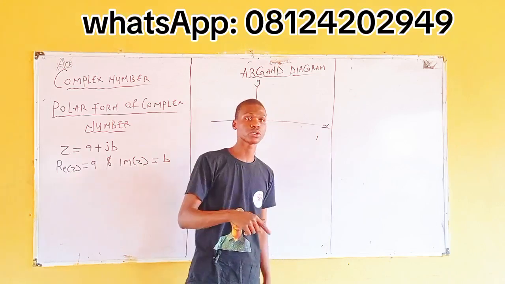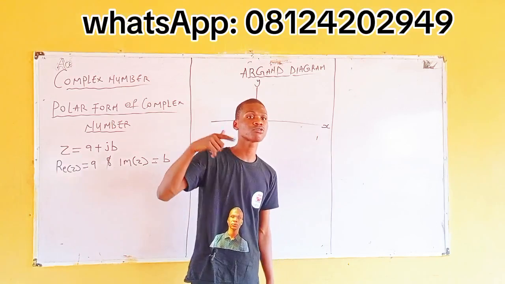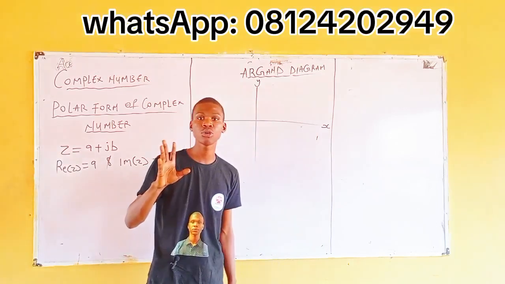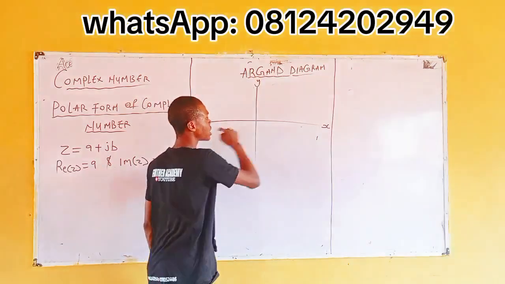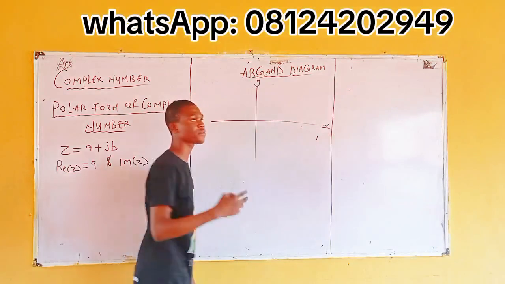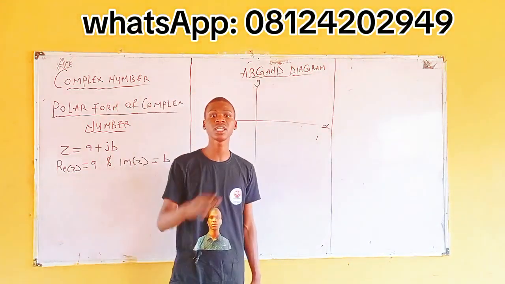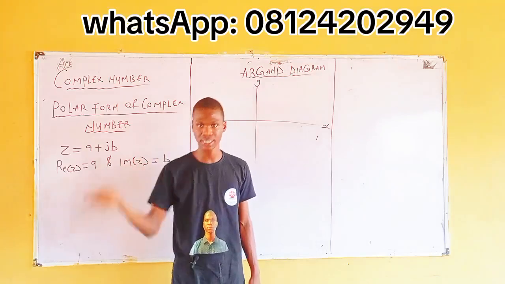Meaning, by definition, what is Argand diagram? We said it is a geometric representation of a complex number in two dimensions. We have three-dimensional plane, two-dimensional plane. For two-dimensional plane, meaning x and y. For three-dimensional plane, x, y, and z.